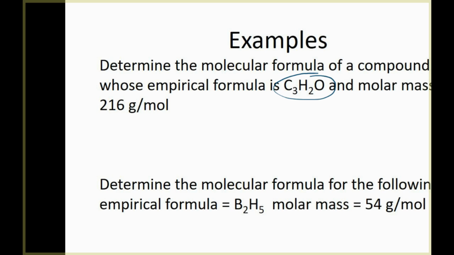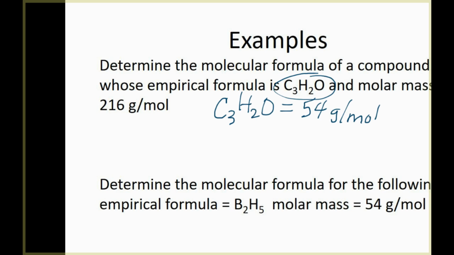So I go 3 times 12 plus 2, and I take that 15.999 and round it up. So that's where I take the molar mass of this guy, C3H2O, find the periodic table, add it up, and I am rounding, yes, because I'm not doing mole calculations.